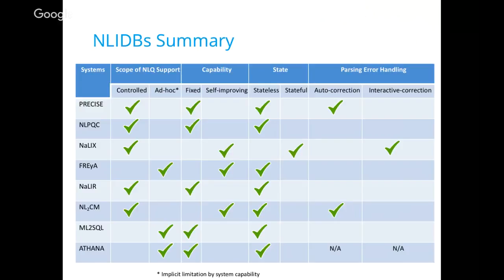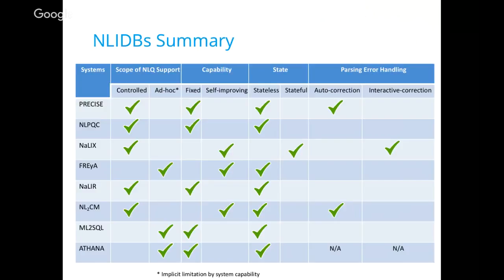In terms of Freya, it's more about how it improves the suggestion ranking. So in some sense, for Nanex, the self-improving aspect is more significant. But most of the systems just come with fixed capability. What it can support from day one is what it's going to support 1 year, 2 years from now on. Right? So that's very common.